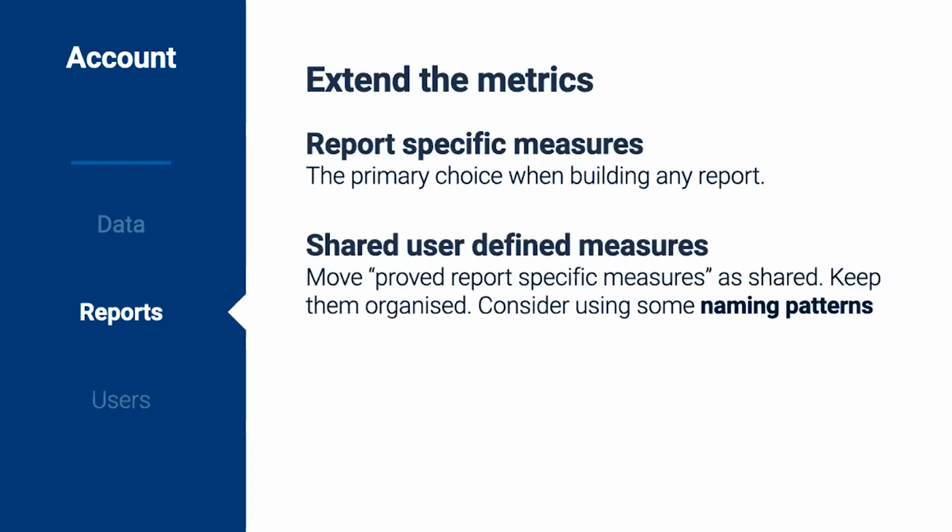And when those report-specific measures are up and running and proved to be of value to the team, in one report, maybe then you can share it with other team members and create shared user measures.